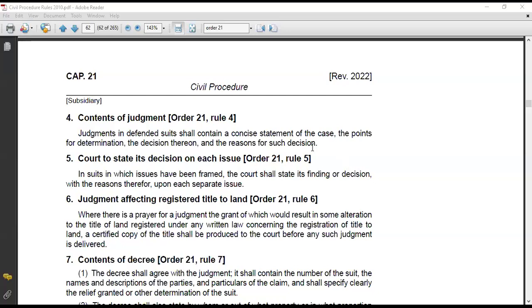So Juliet raised a PO. A preliminary objection generally is raised by a party when there is a defect in law, where you are challenging what the other party has done purely based on law, not facts.